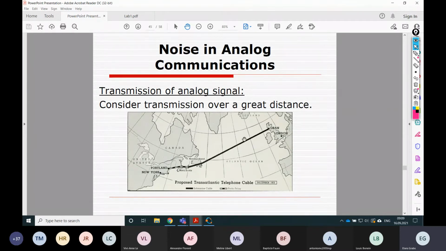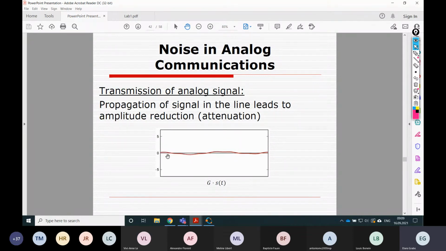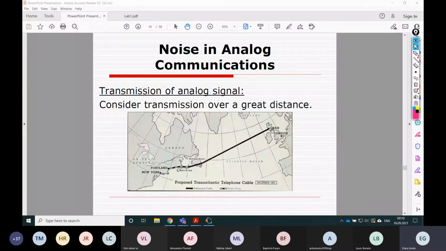Clearly we cannot send the signal all the way and expect it to be just as good as here, because initially this signal will be much weaker. This happens, for example, if we send it 10 kilometers. After an additional 10 kilometers, it will be even smaller. So what do we do? How do we send a signal over this long distance?